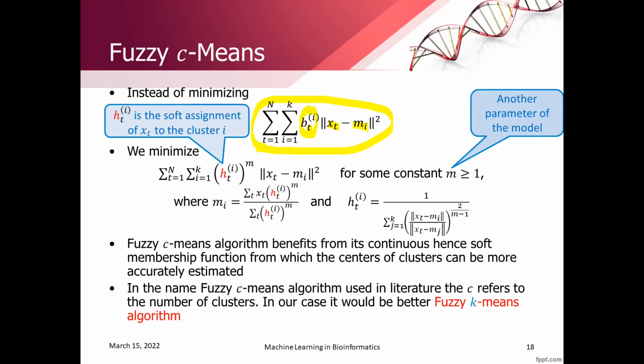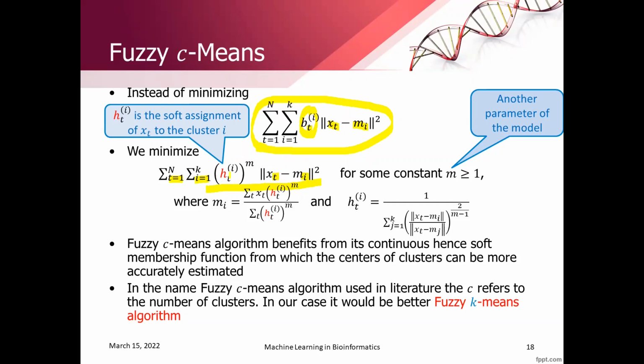For fuzzy C-means, we minimize this double sum. It runs through all the observations and through all centroids. Here we have the square distance between the observation and, now I will not say its representative, because one observation can have several representatives, so any representative.